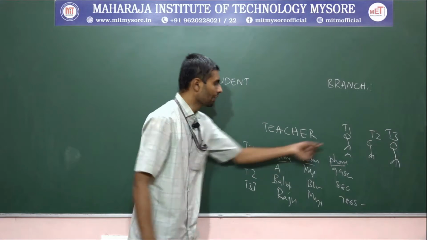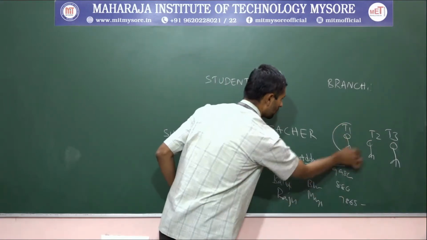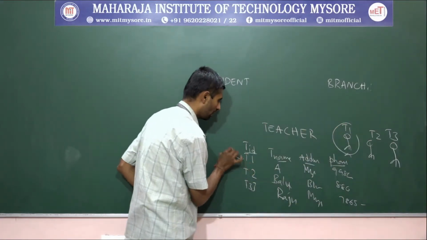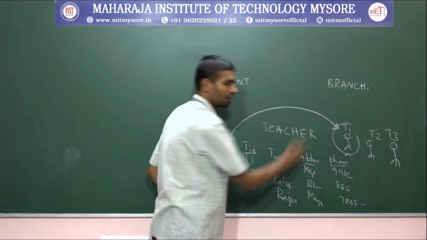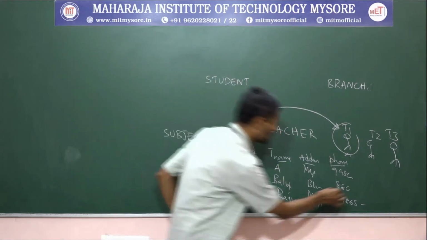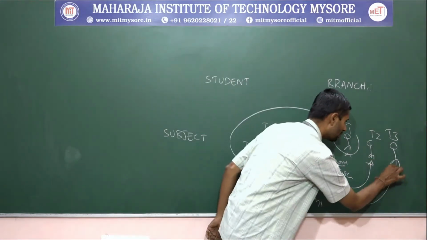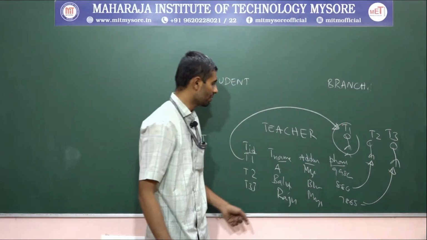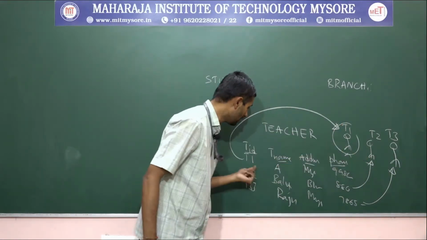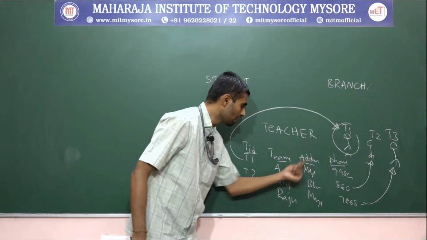So every teacher's data is connected to that teacher: this data is connected to teacher T1, this data to teacher T2, and this to teacher T3. It is an indication that every teacher has their own values for all these columns.